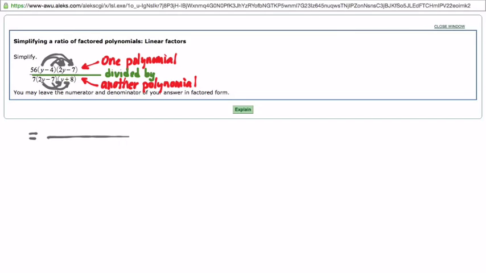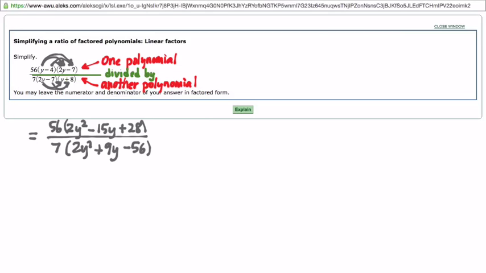So if I were to do all of that foiling on top, I would end up with 2y squared minus 8y minus 7y, so minus 15y, plus 28, and then I would multiply that by 56, and then down in the denominator, I would multiply 2y minus 7 by y plus 8 to give me 2y squared minus 7y plus 16y. So now 16 minus 7, that's 9, minus 56.